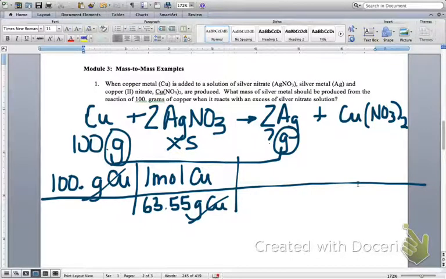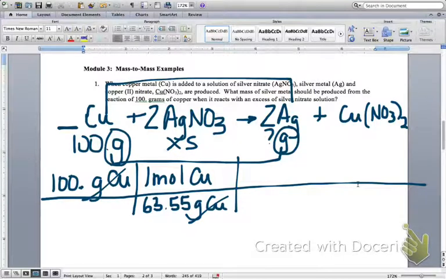So now what I can do is I can go from copper all the way over here to silver. I can go to the other substance using my mole-to-mole ratio. So I can convert moles of one substance into moles of another substance using the mole-to-mole ratio. So from my balanced chemical equation, how many moles of copper do I see in the balanced chemical equation? 1.